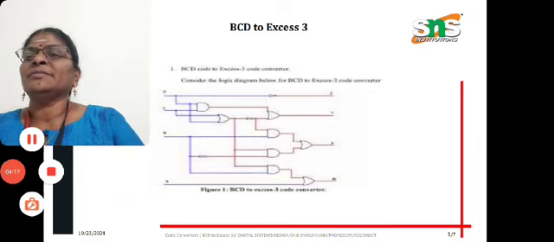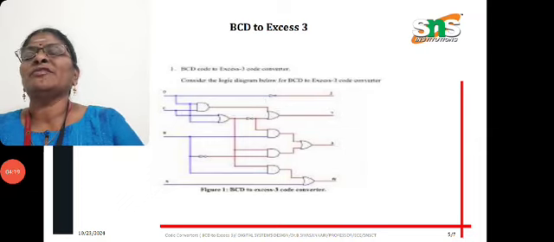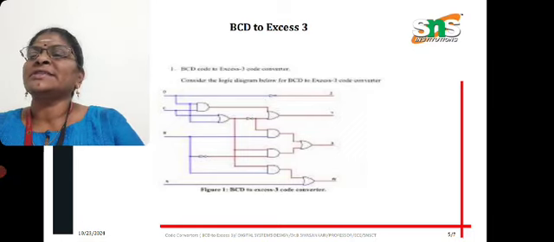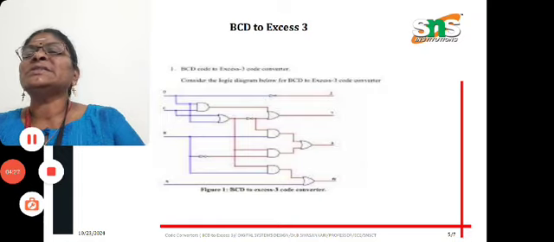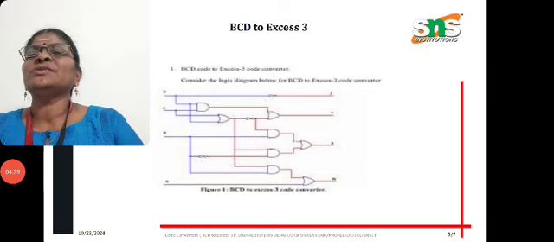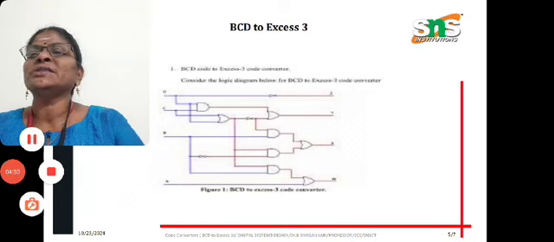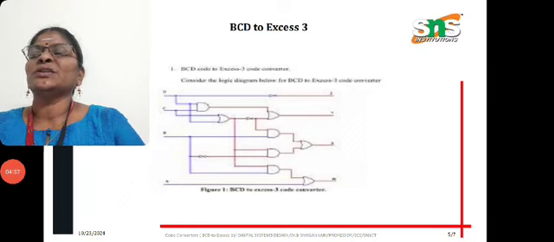If we represent by the alphabet starting with B for binary and E for XS3, it will be easy for understanding. So instead of these variables, you can use B1, B2, B3, B4 as your inputs, and E1, E2, E3, E4 as your outputs. You can see the logic circuit here for BCD to XS3.